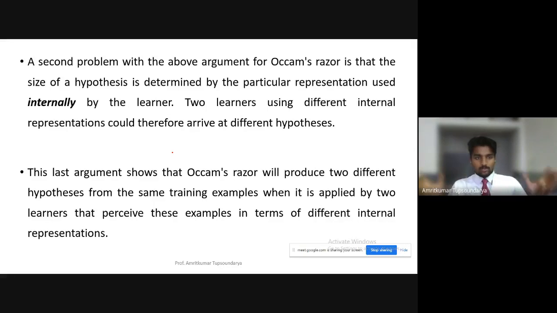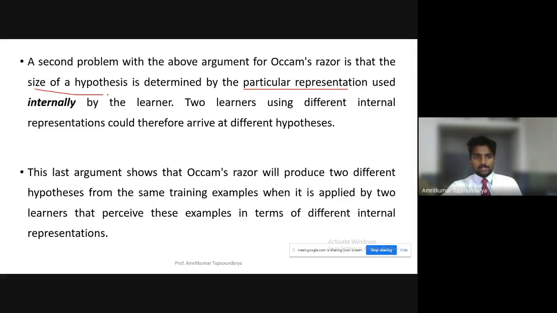By now you must be familiar with what we mean by size of hypothesis: the number of attribute values in that particular hypothesis. The size is determined by the particular representation that a learner makes. The learner is nothing but the training model here.